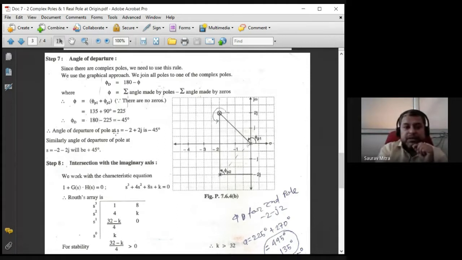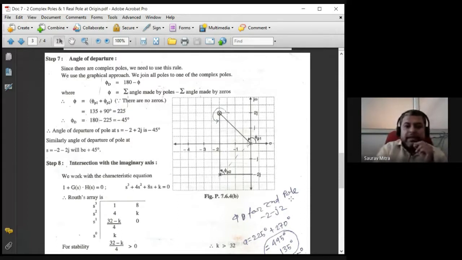I'll repeat this process. Phi is 270 plus 225, that is 495. And how much is the actual angle of departure below? It is 180 minus 495, that is minus 315 degree. Minus 315 means if you are starting from here and coming like this, it lands here. So minus 315 actually is plus 45 degree.